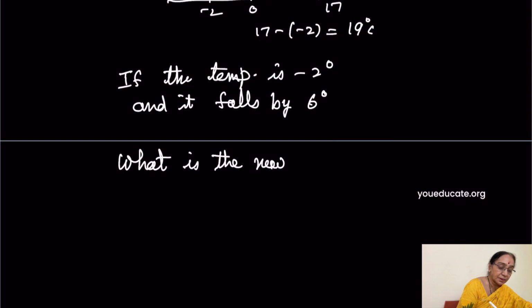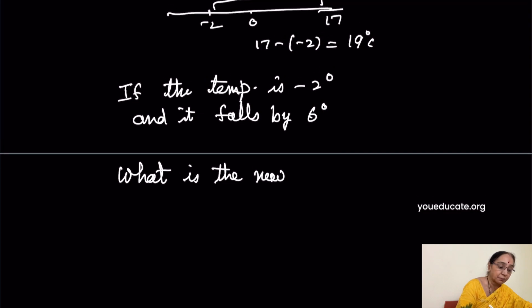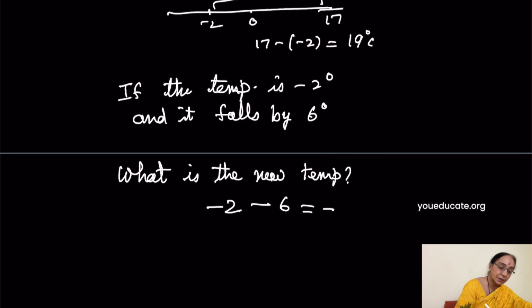In the previous case, I asked you for the change in temperature. Here I am asking you for the new temperature. So from minus 2, it goes down by another 6. So minus 2, you further go down minus 6. So it is now minus 8 degrees centigrade.